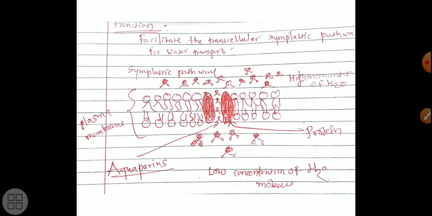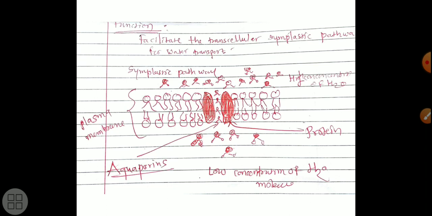Now the function of the aquaporin is to facilitate the transcellular symplastic pathway for water transport. I have also sketched the water molecules: at the center there is oxygen, and on two sides there are hydrogen atoms.